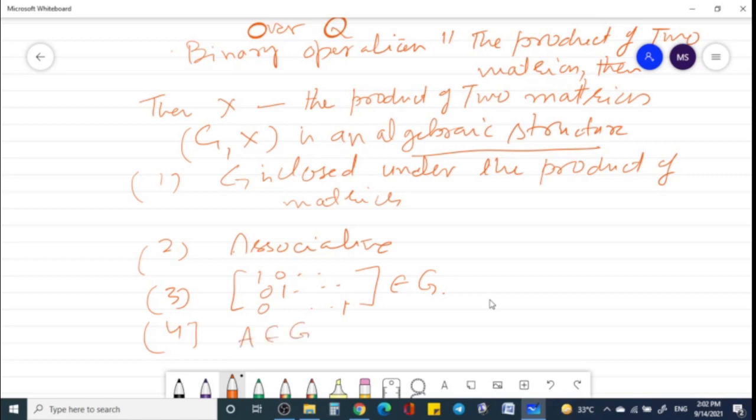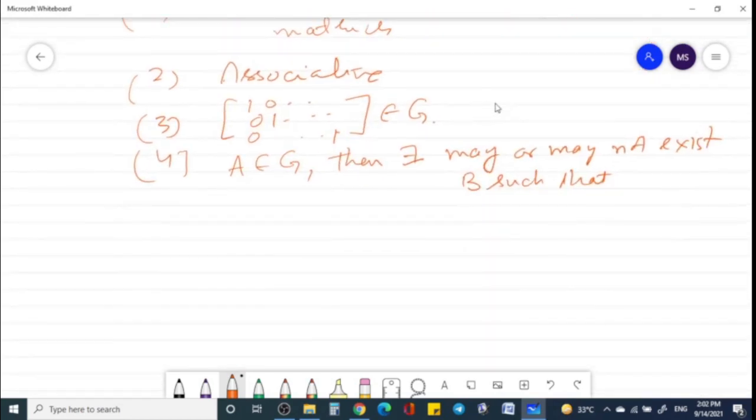If A belongs to G, then there may or may not exist B such that A cross B equals the identity matrix.